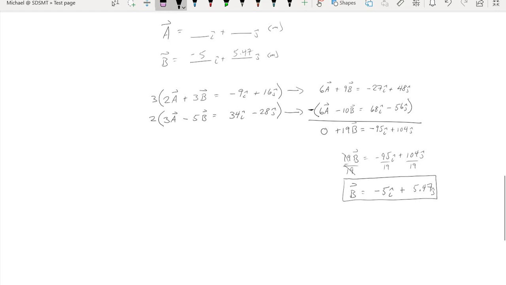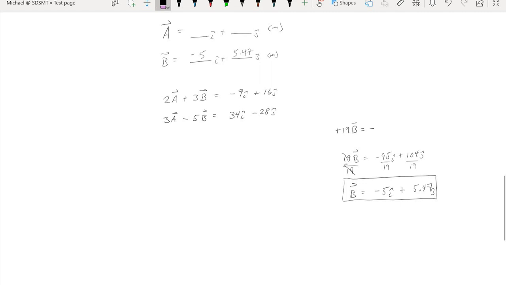And you would think that now that you have the components for vector b, you could plug those into the two equations down below and then use vector b as a substitution to solve for vector a. But again, that is assuming that your answer is correct.